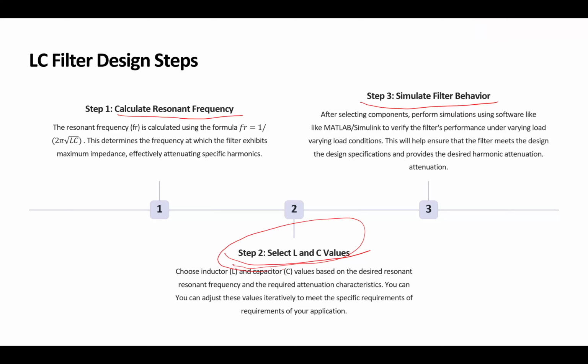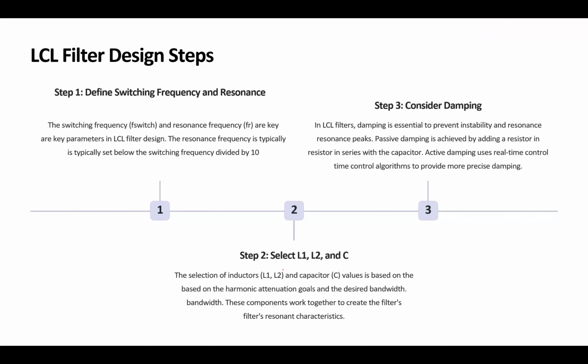You come up with a range of L and C, then find the calibrated value in the market and start testing it to see if it gives your desired result or not. The same goes for LCL, which is not different because they are basically the same.